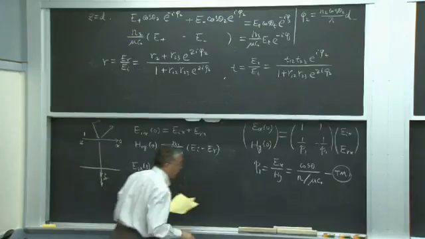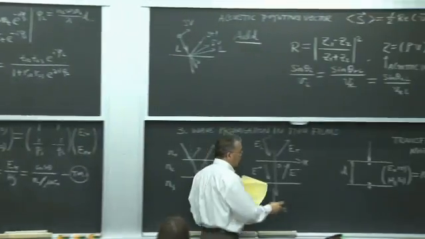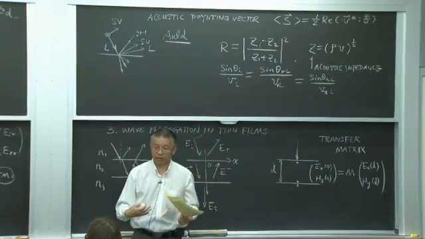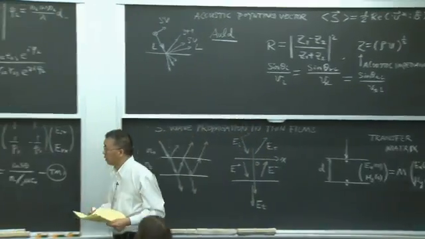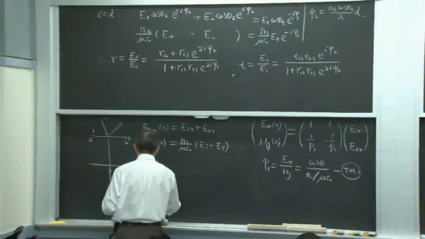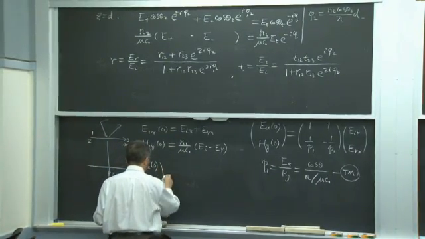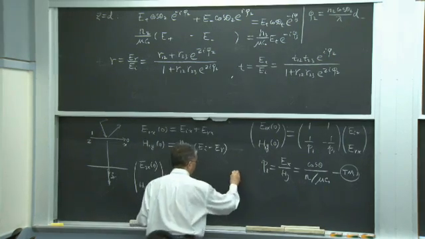So I want to relate this point to this point. That's in the same media. That's just a phase factor, right? So if I do that relation, that gives me matrix.